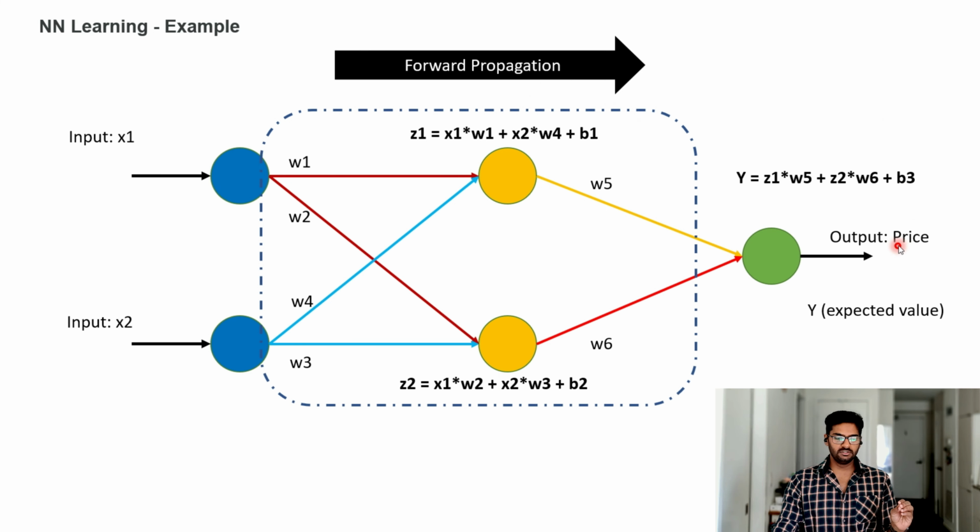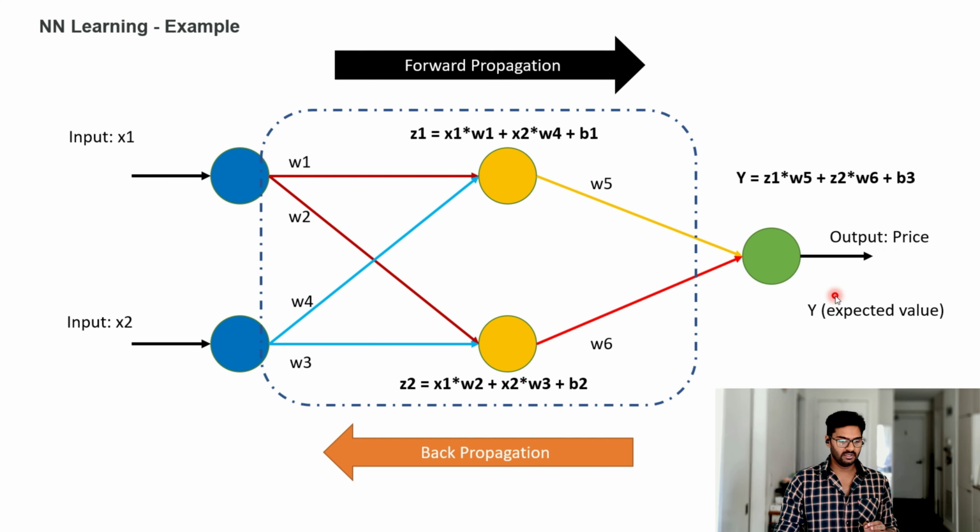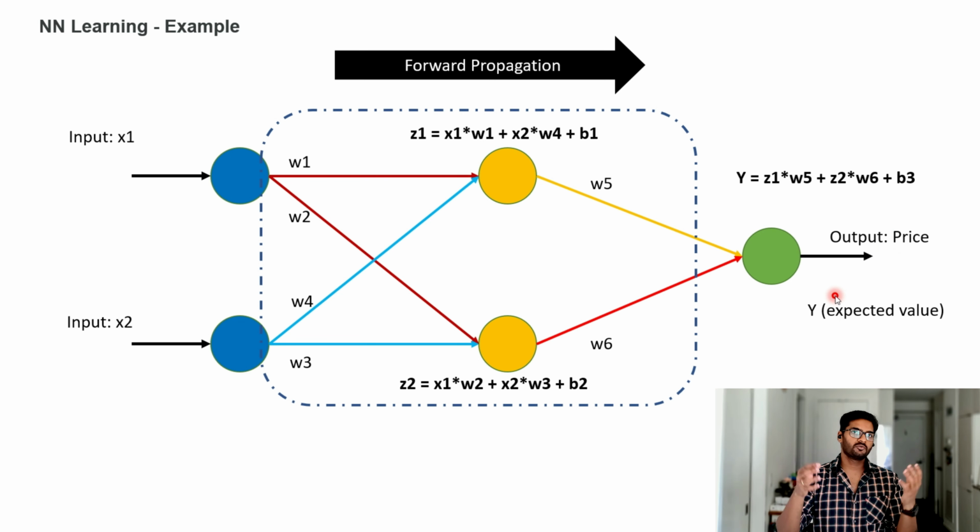Once we do the forward propagation, once we take the data, calculate with the weights, and present an output, we will compare this output price with the expected price. So for example, let's say it gives an output of 300, but we were expecting the value to be 100. Therefore, the error is 300 minus 100, which is 200.